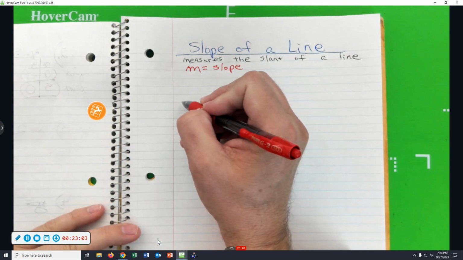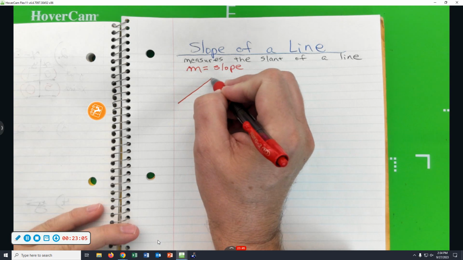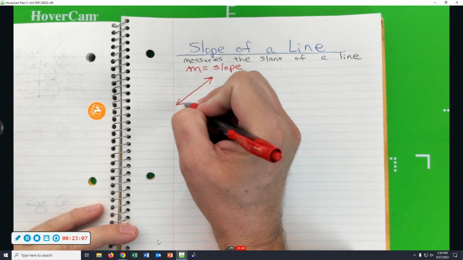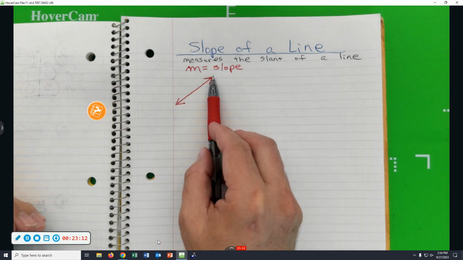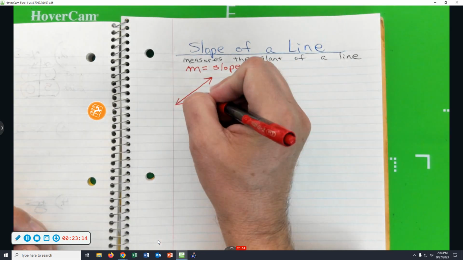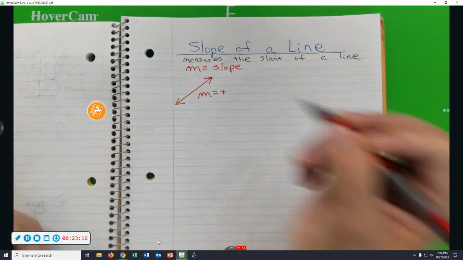If we graph a line and it's rising from left to right, when you move from left to right, it's going up, then we expect that slope to be a positive number.